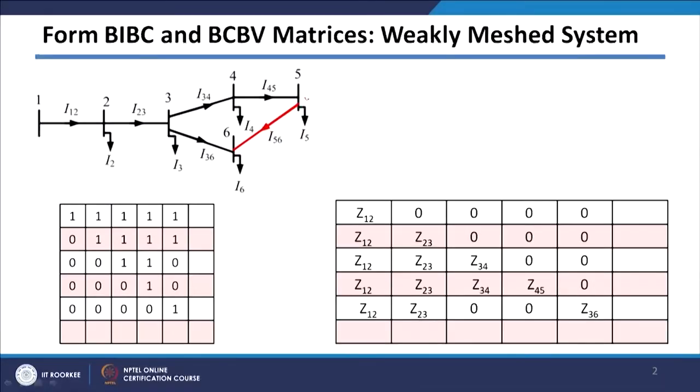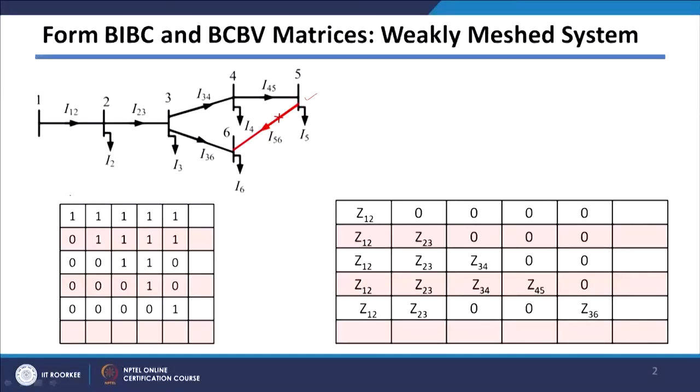Like shown in this particular figure, suppose in this case the branch between 5 and 6 is forming the loop. So, initially to get the BIBC matrix, we remove that branch and get the radial BIBC matrix. We have seen how to get that.